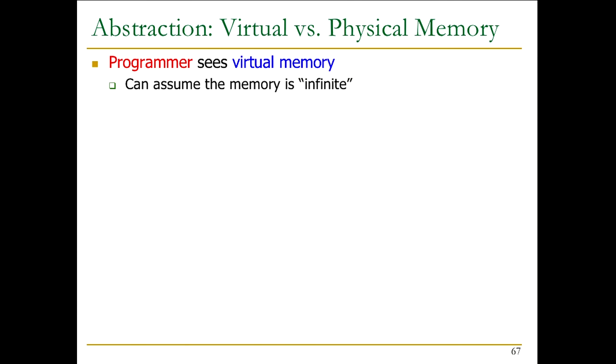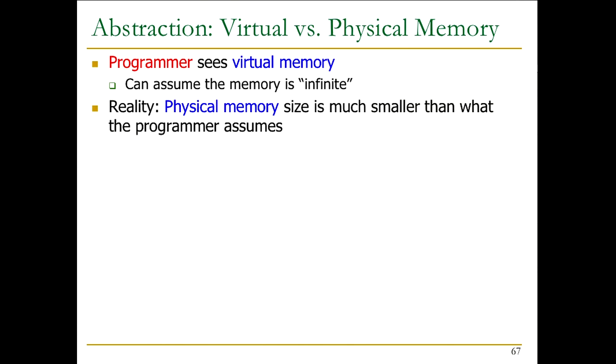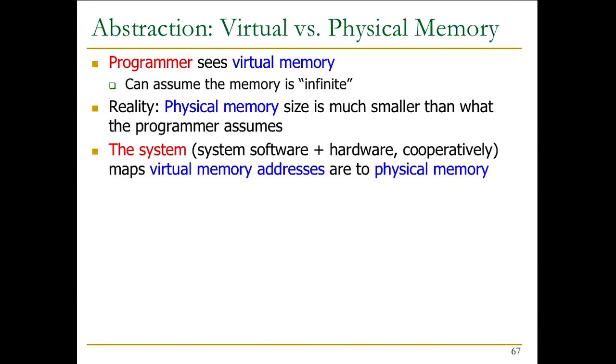By virtual memory, the programmer can assume the memory is infinite, right? That's not exactly true, but that's the abstraction. Sometimes you can run out of virtual memory also. Hopefully you're not doing things to run out of virtual memory. But the reality is physical memory size is much smaller than what the programmer assumes, and somebody gives the illusion. The system software and the hardware cooperatively map virtual memory addresses to physical memory.